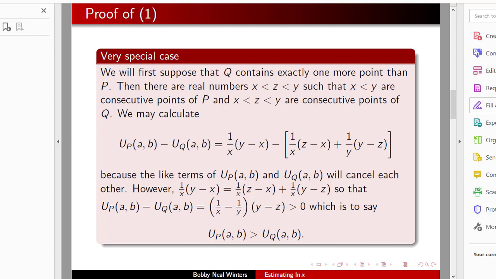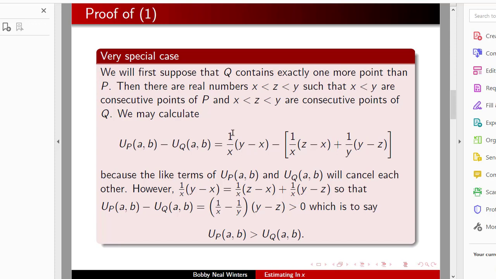Then we calculate U sub P of [a, b] minus U sub Q of [a, b]. Now, as U sub Q and U sub P are both sums of the areas of rectangles, and they match up on all points except these three, when we take the difference, everything falls out except for these three rectangles.